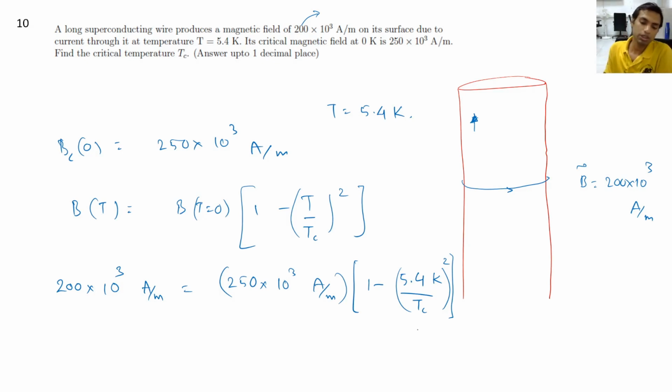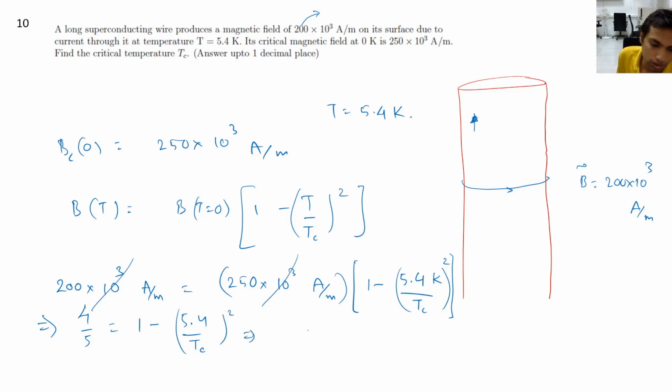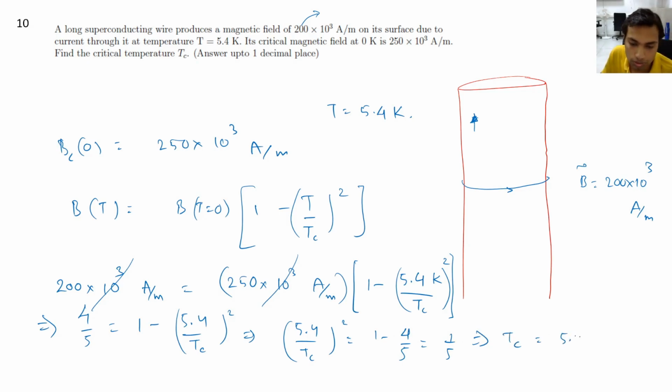So the only unknown variable is Tc. You just have to calculate. So let us just calculate. This cancels this. So it is 4 by 5 is equal to 1 minus 5.4 over Tc whole square. This implies 5.4 over Tc whole square is equal to 1 minus 4 by 5, equal to 1 by 5. This implies that Tc is equal to 5.4 into root 5 Kelvin.